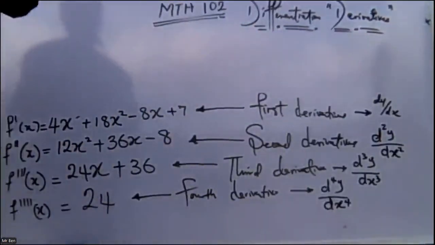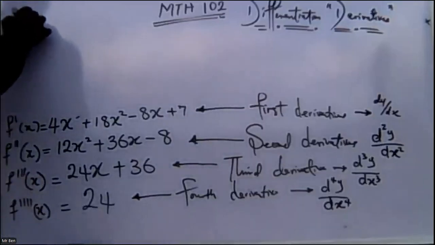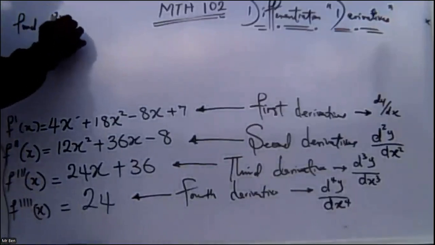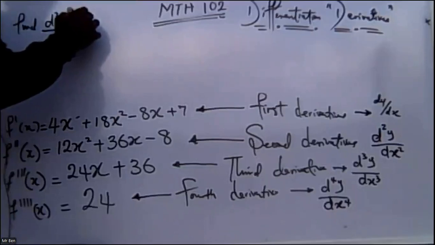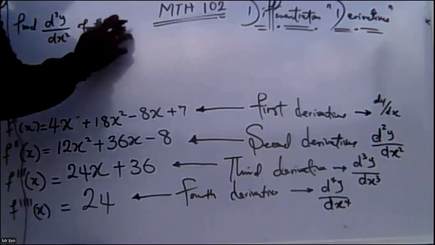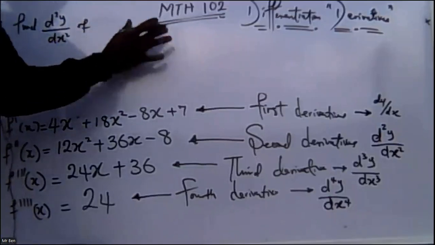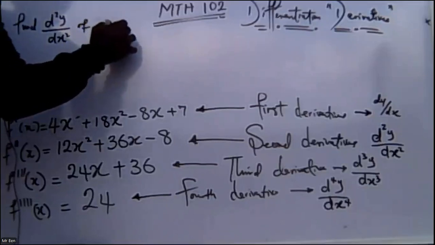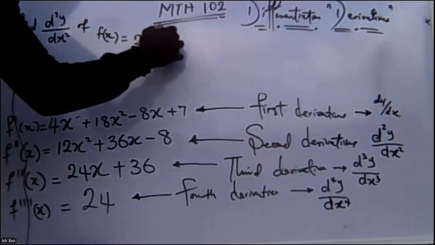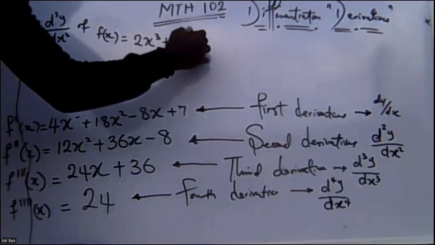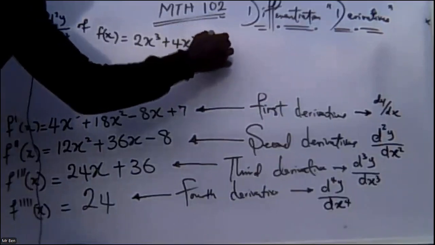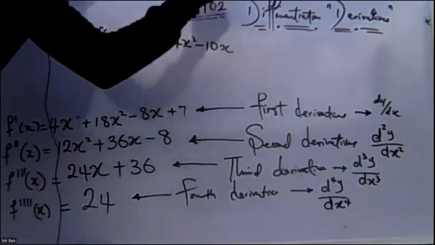Let me have a question like this: find d squared y over dx squared of the function f of x is equal to 2x raised to the power 3 plus 4x squared minus 10x.